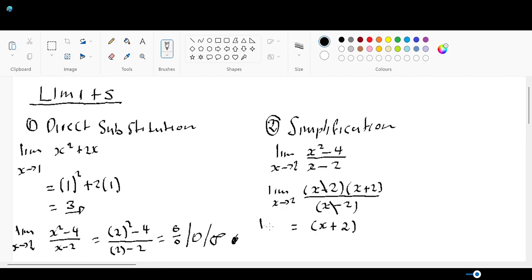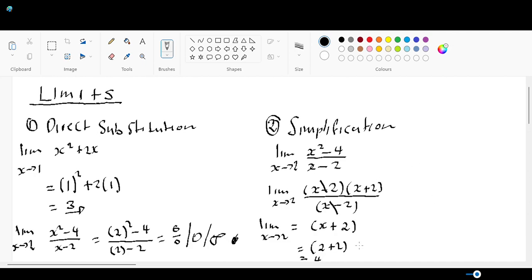And we know that x approaches 2, so we can start doing the direct substitution. After simplifying, that's where we do direct substitution. So where there's x, we put 2 plus 2. So our answer is gonna be 4.